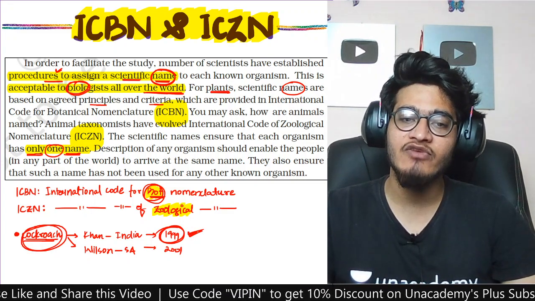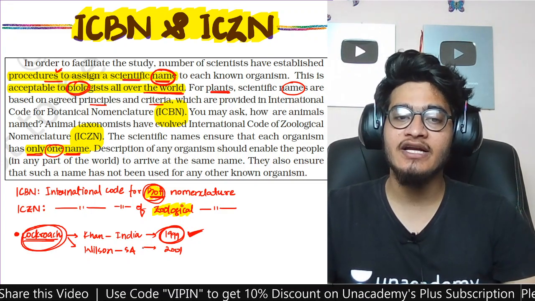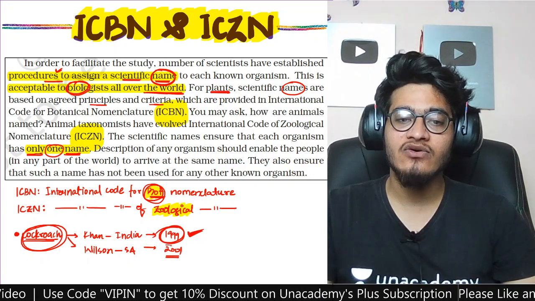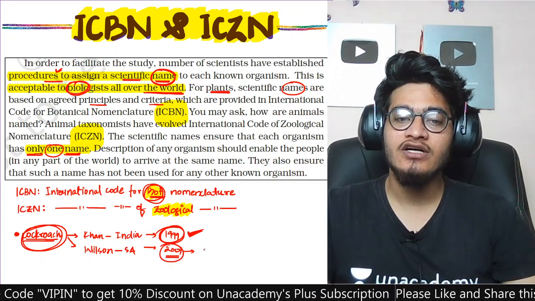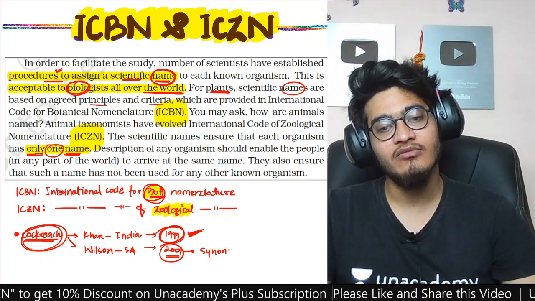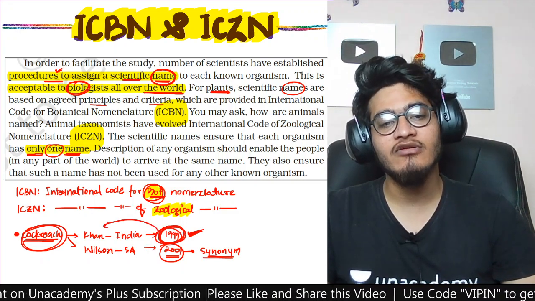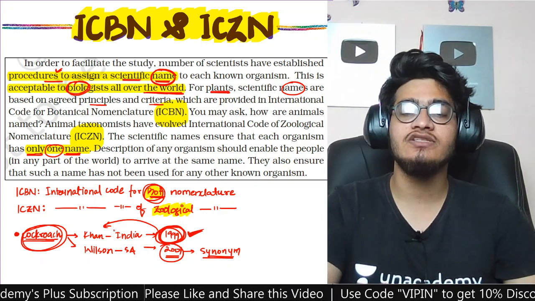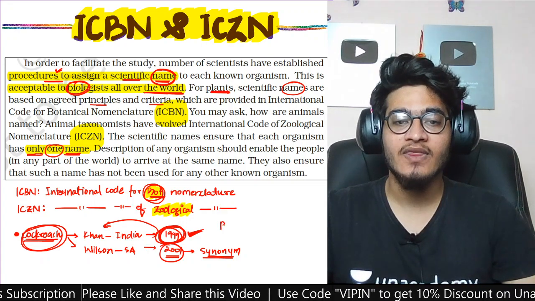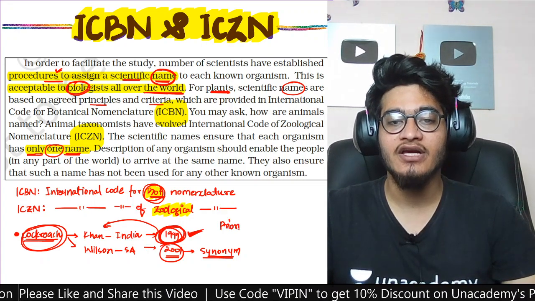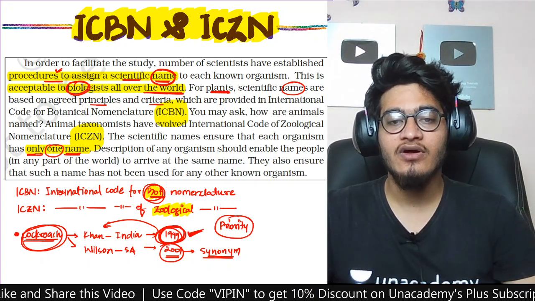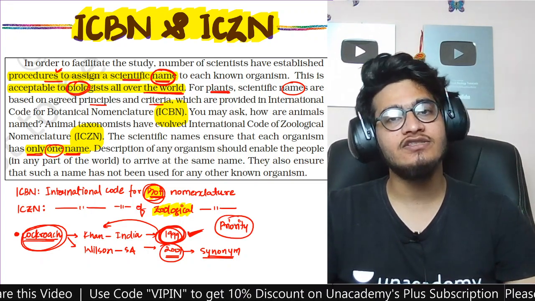So only one name will be present as the standard name, and the name given by Wilson will be the synonym. It could be used, but the standard name will be the one given by Khan. So this is called the principle of priority. They serve on a first come first serve basis.